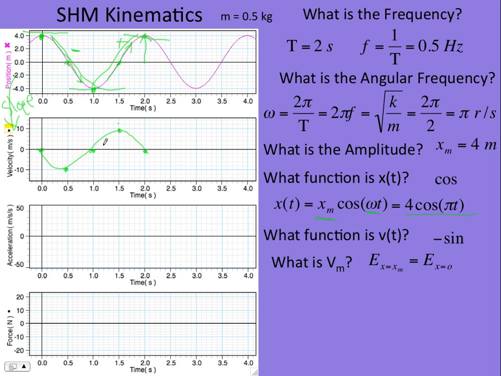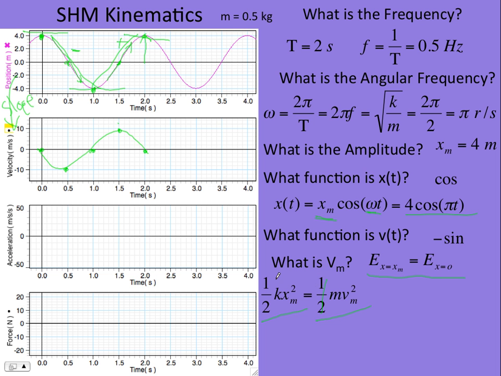Conservation of energy. In simple harmonic motion the energy doesn't change, so the energy at x equals x max is the same as anywhere else; we're interested in x equals 0 when we're going the fastest. At x equals x max, it's all elastic potential, and at x equals 0, it's all kinetic.